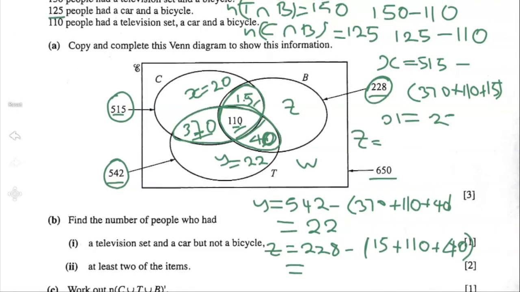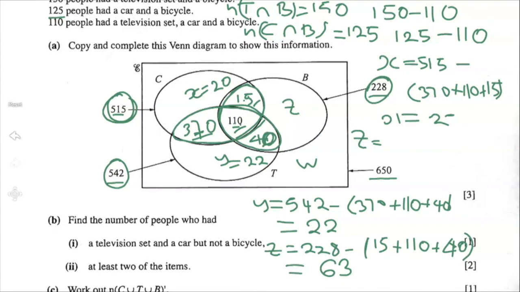If you work this out, 228 minus 15 plus 110 plus 40, that's equal to 63. Once again, you can easily complete these three, because from the total number of elements in each set, we have to deduct the 3 elements which are already in there in order to get the missing figures.